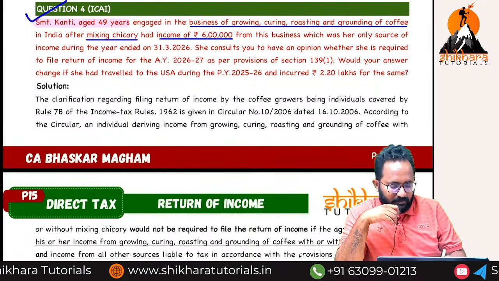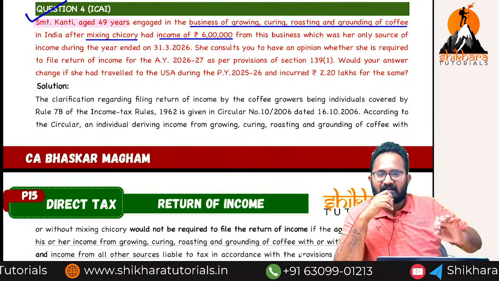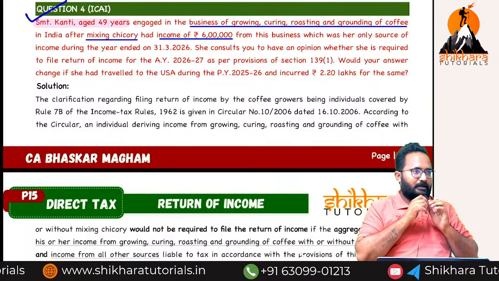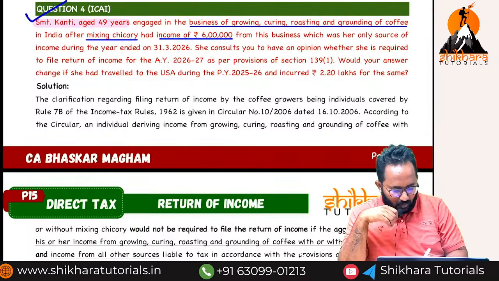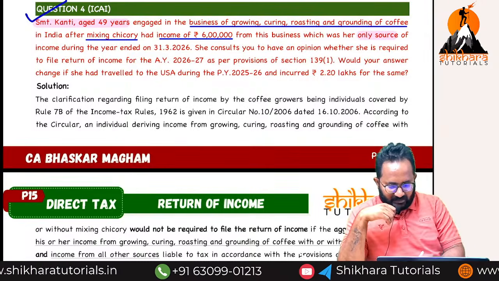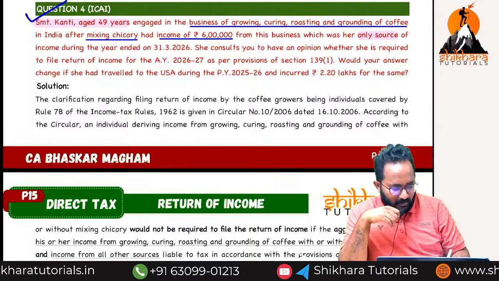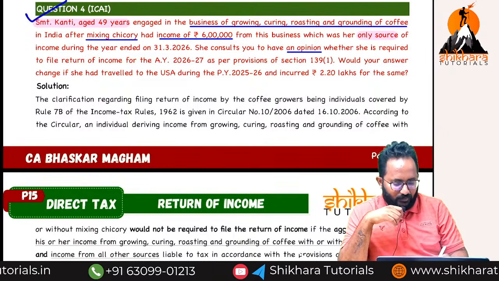After they produce the coffee, they mix one product, finally they sell it as one end product. How much are they getting? 6 lakh. So for this year, only this is a source of income for them. So now she consults you, they have to take your opinion. So if you are present for the class, then you can say the opinion.